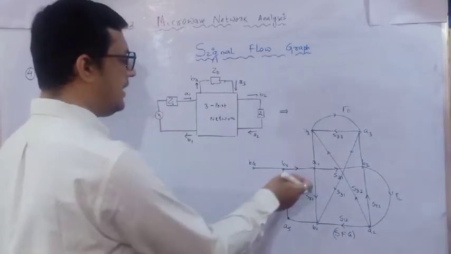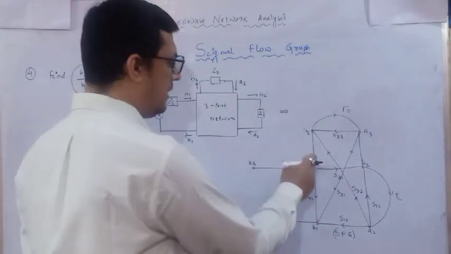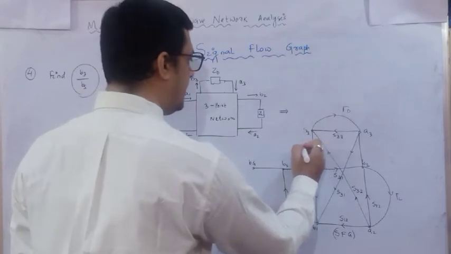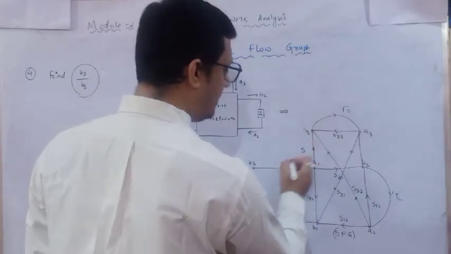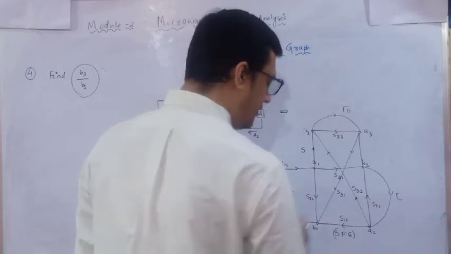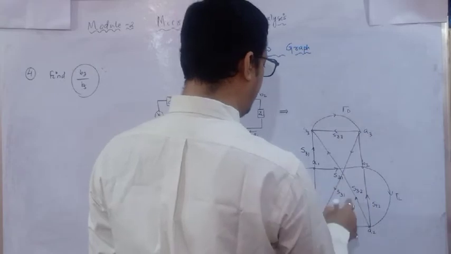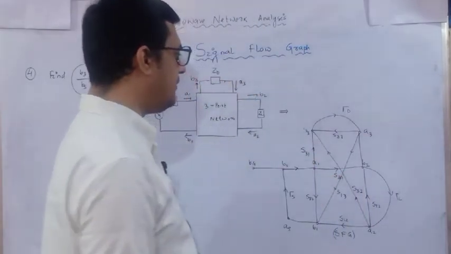So as you can see, A1 to B2 is S21. A1 to B1 is S11. A1 to B3 is S31. Then it is S13.